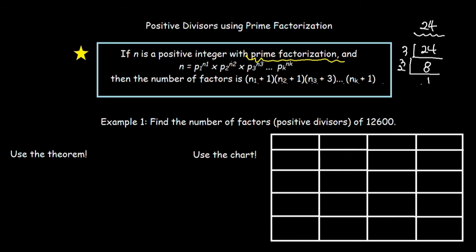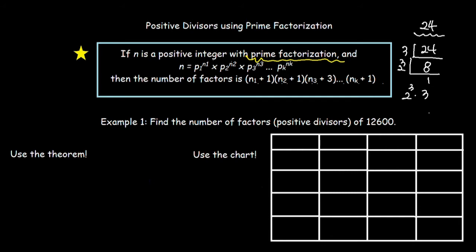So the prime factorized form of 24 is 2 to the third power times 3, right? Again, remember that the prime factorized form of a number must always be only made up of prime numbers. And we know that 2 and 3 are prime numbers.